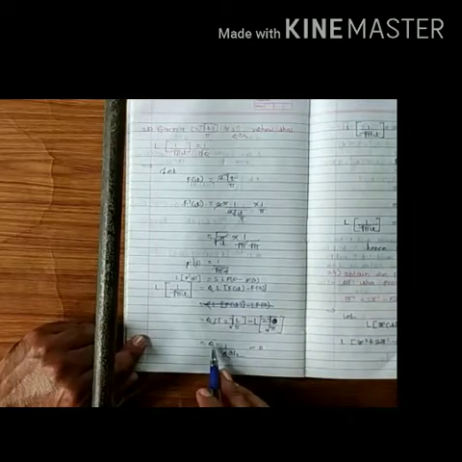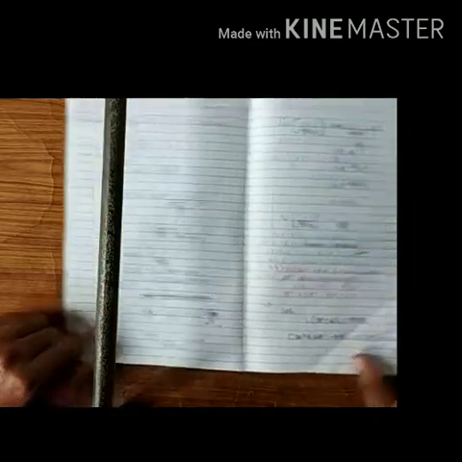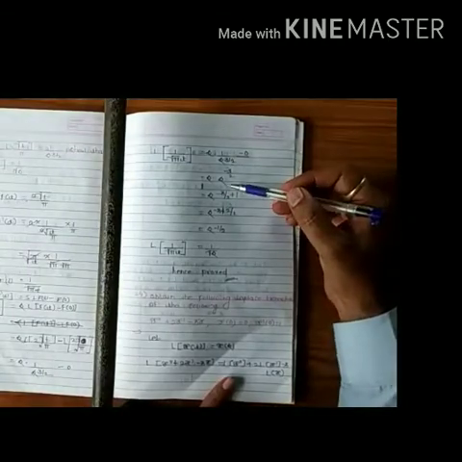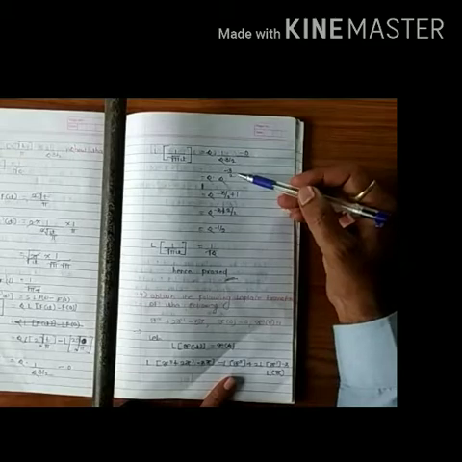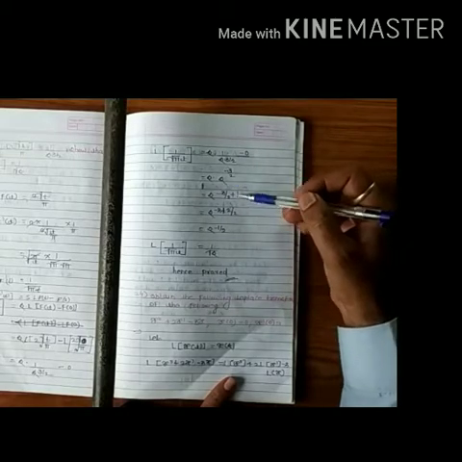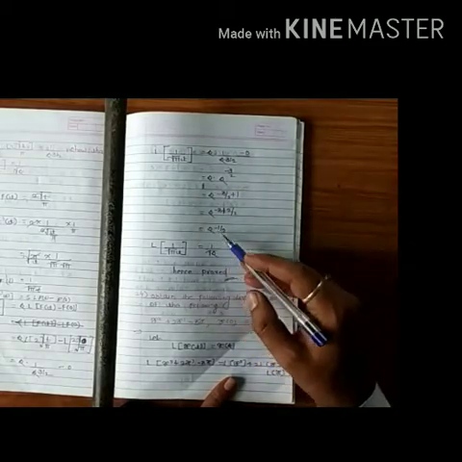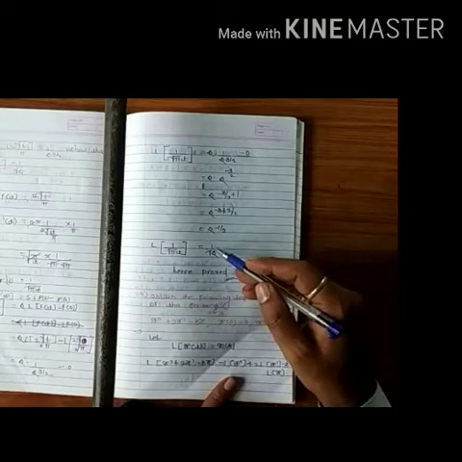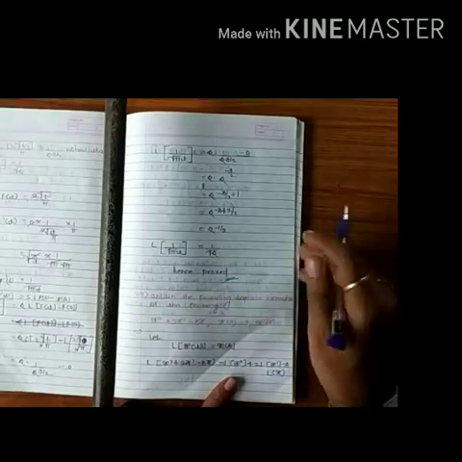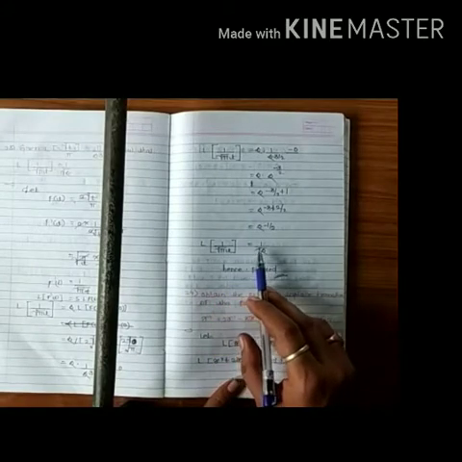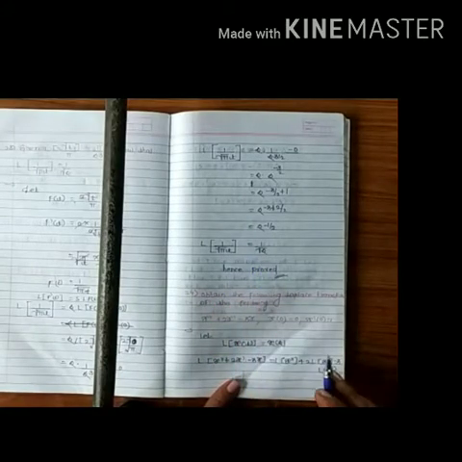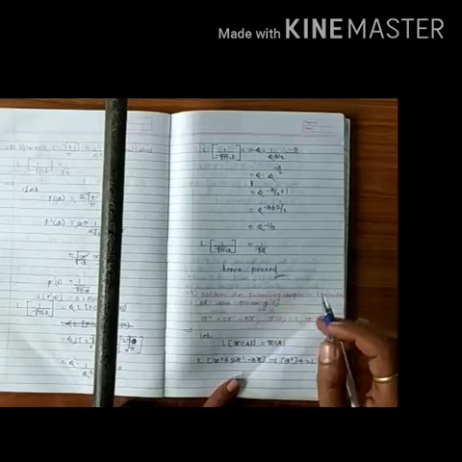And this is s, so it goes upside and we can write s raised to the power minus 3 by 2, multiplied and adding 1 to the power, and after calculation we get s raised to the power minus 1 by 2, and we can write 1 upon root s. We check that Laplace transformation of 1 upon root pi t is equal to 1 upon root s. This is the result, and hence proved.